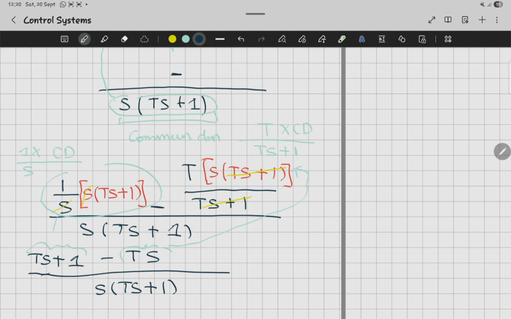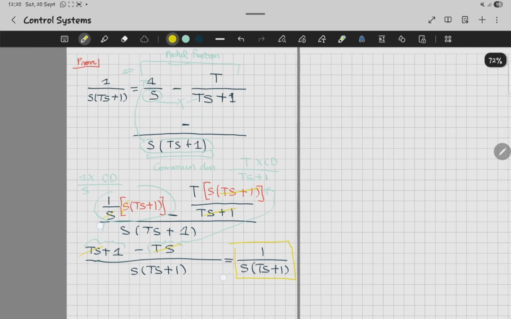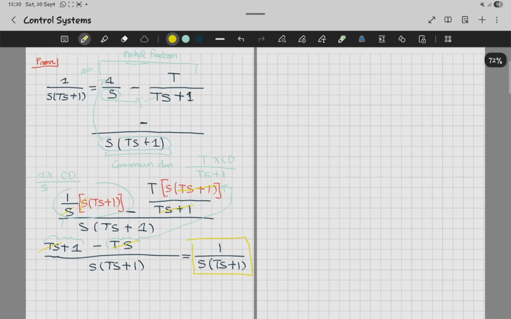And if you look closer, this one and this one will cancel out each other, so we're going to remain with 1 over s(ts plus 1). And as proof, this is what we had before in our partial fraction. So I just wanted to give you an idea of how you can get to the common denominator.